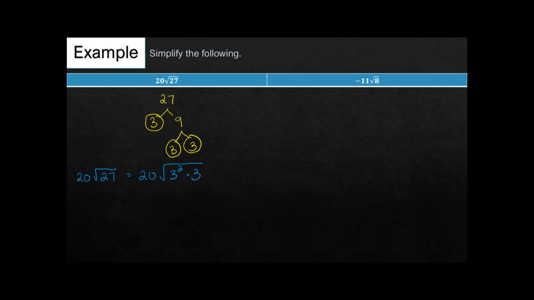Now I'm going to separate out my square root symbol. I'm going to take the thing that's squared and separate it out from what's not squared. So I'm taking that multiplication on the inside and turning it into multiplication of square roots. So I have 20, the square root of 3 squared, and then the square root of 3.